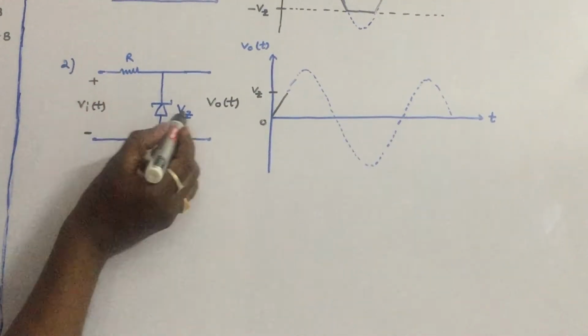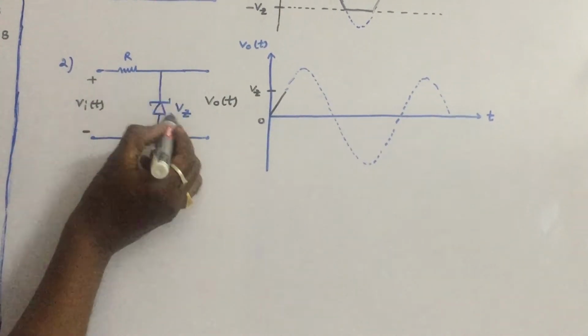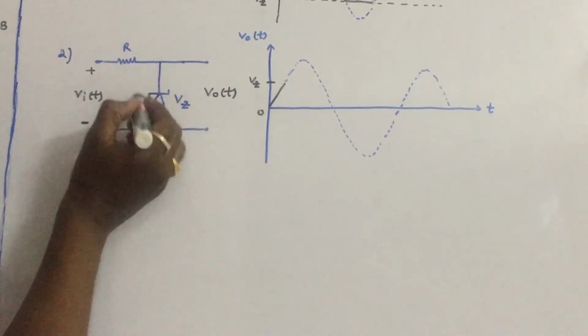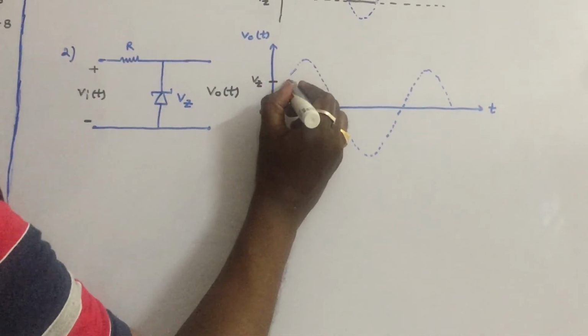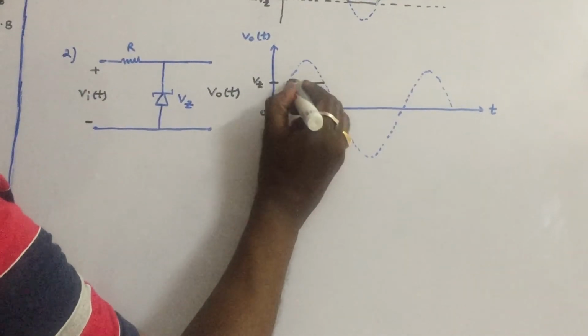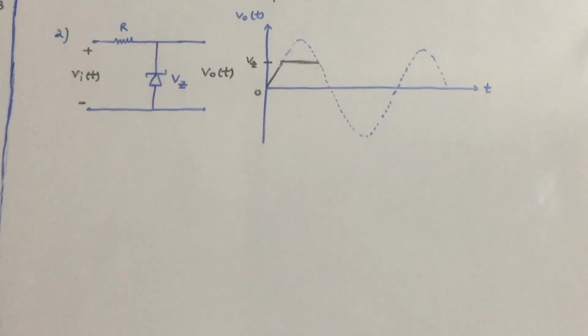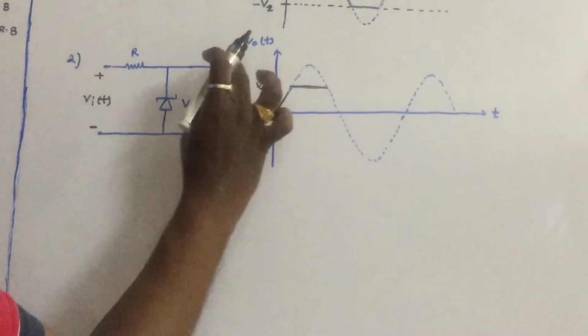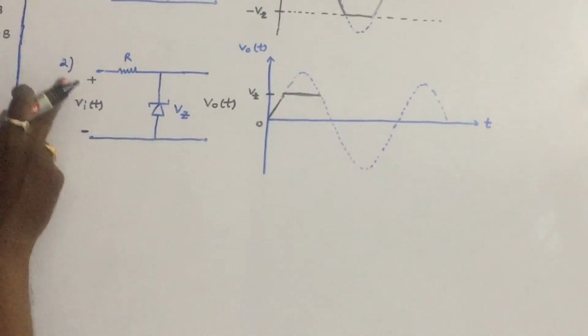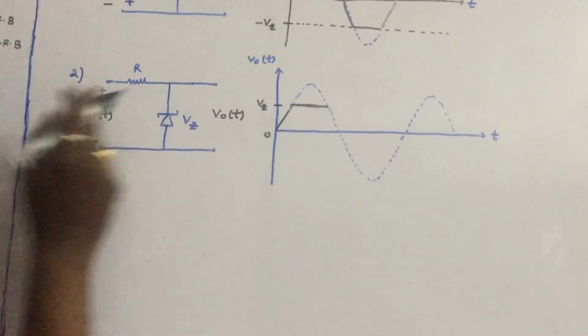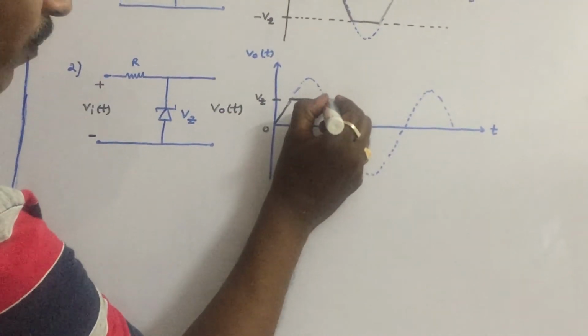When the voltage becomes greater than Vz, it enters into the Zener breakdown region, so the output voltage across the Zener diode remains fixed at Vz. Again, once the input voltage becomes less than Vz, the output follows the input.